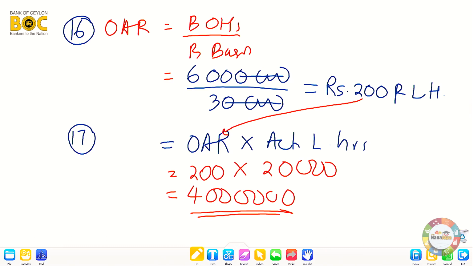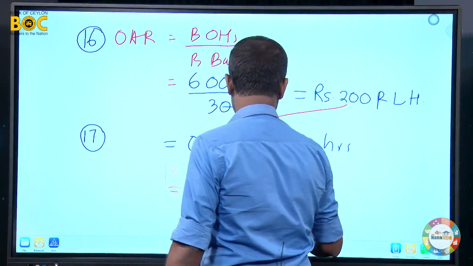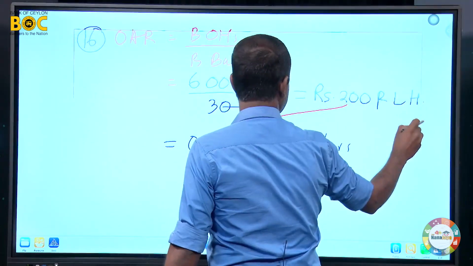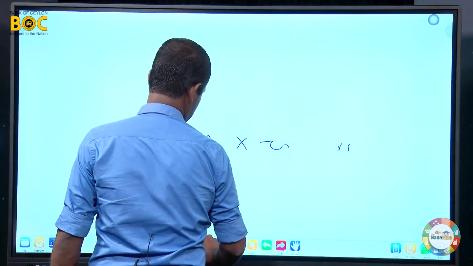The overhead absorbed we discussed in the previous question equals the overhead absorption rate into the actual basis. What is their basis? Direct labor hours. Here we can use actual direct labor hours.